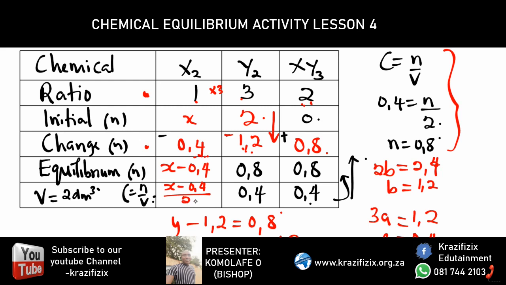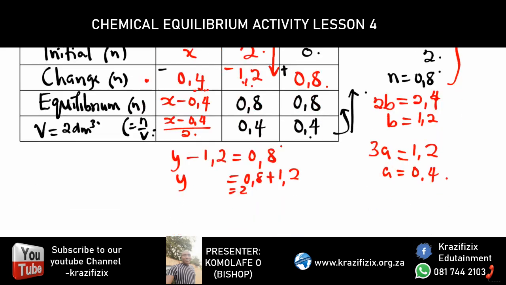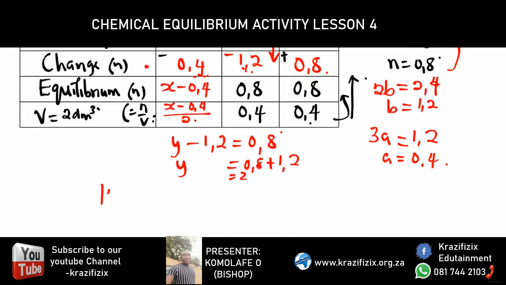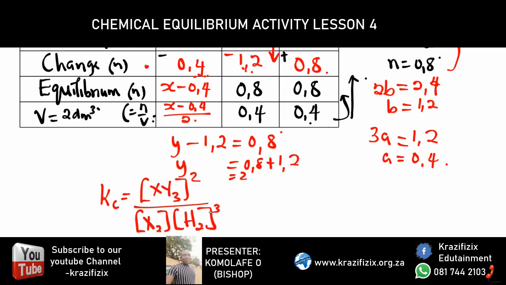All right. But I am given, let's write the Kc expression. It's XY3 over, I'm sure you know where I got all those values from now, my expression, and there's a 3 there. It's 1, 3, 2.